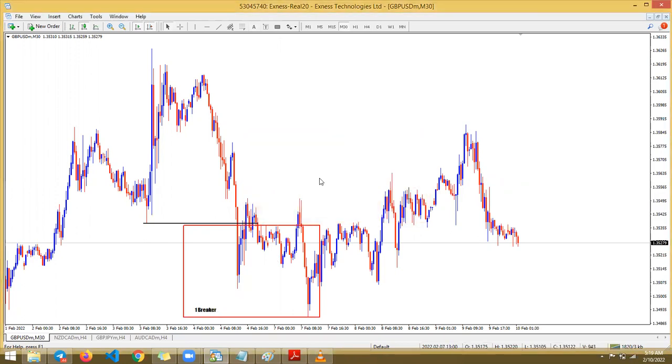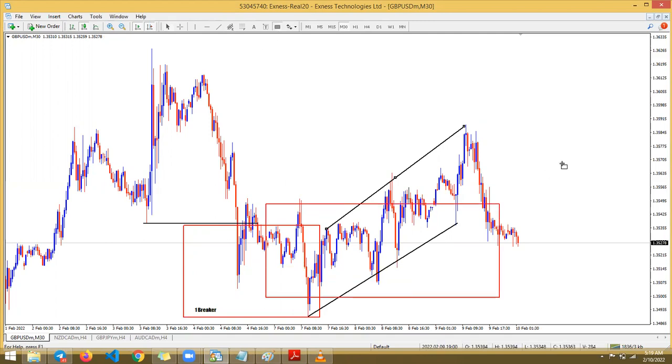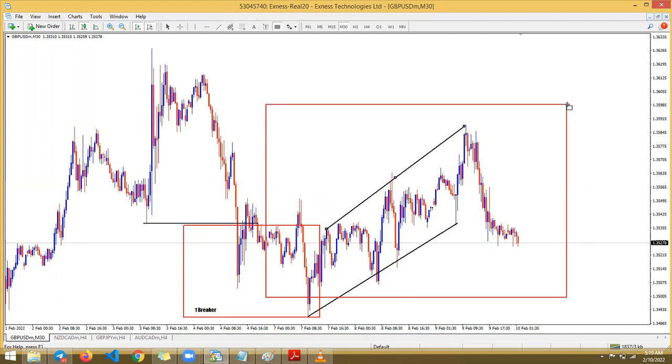Then step number two, wait for approach of price. So as you can notice, we had some bit of price approach. Here we have what we call a compression. A compression plus, I think, a 3 drive. So here we had an approach of price.